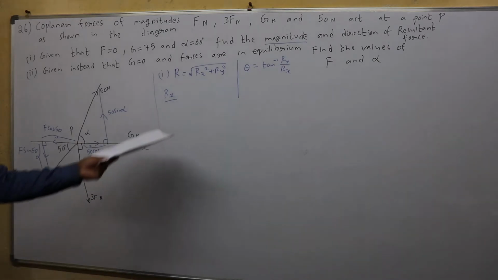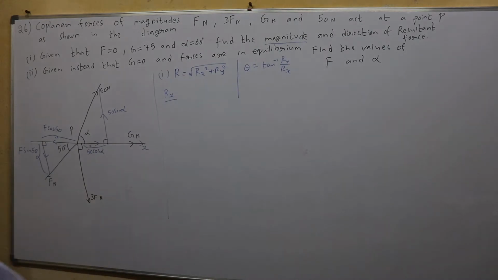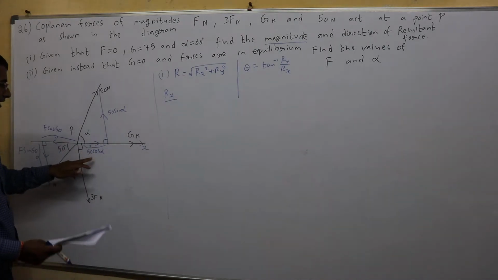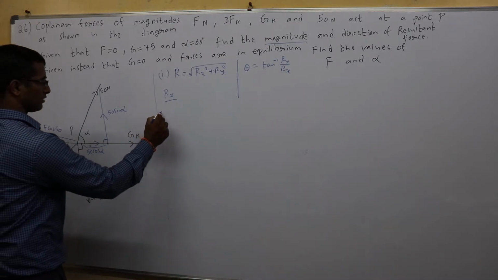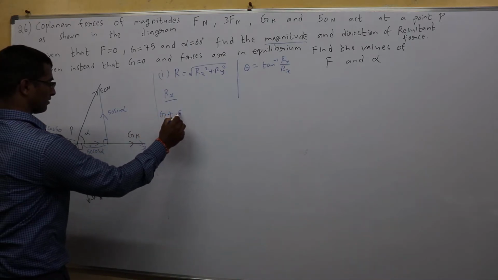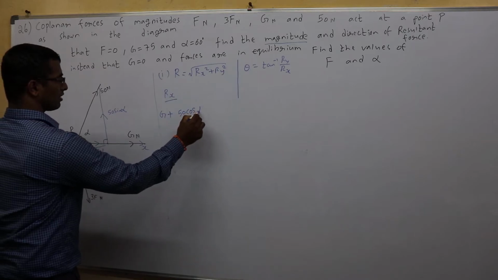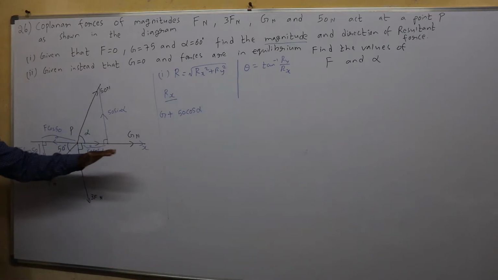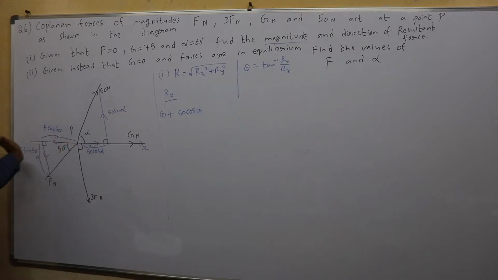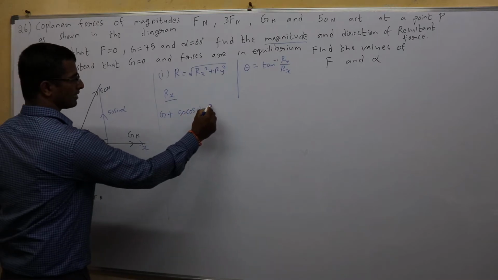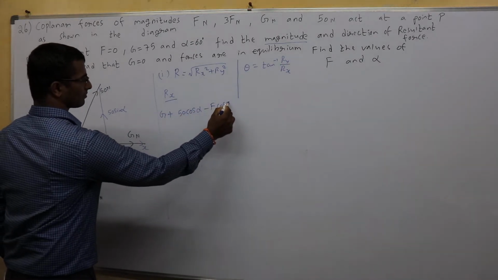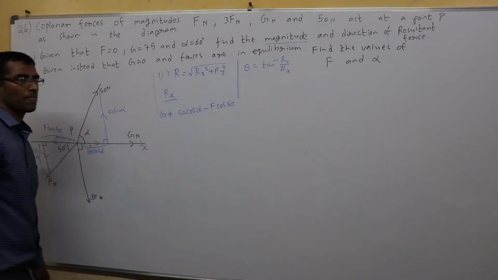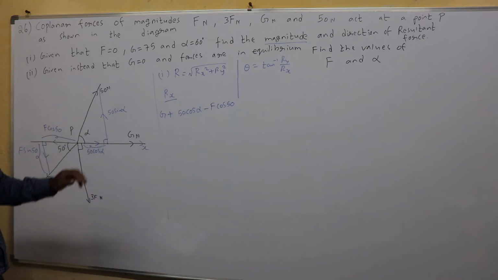Let's write Rx now. What all are acting in the positive x-axis? This one and G. So it is G plus 50 cos alpha. Positive x-axis completed. Now what all are acting in the negative x-axis? F cos 50. So minus F cos 50. Let's put the values given to us.